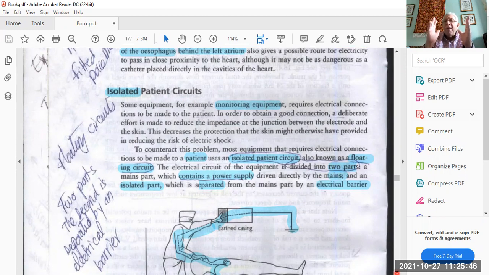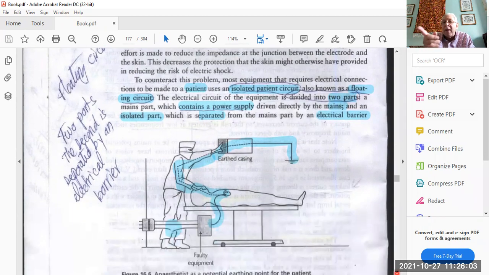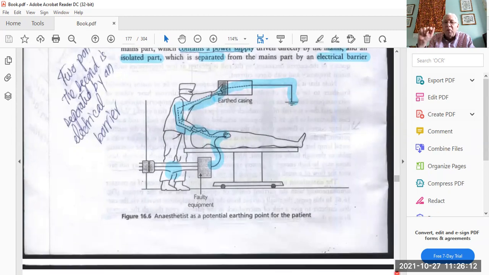Whenever anything happens, this electrical equipment is not going to be transferred to the patient. This is why we call it floating. Floating means that the electrical hazards are separated from the patient, whereas if anything happens in this electrical equipment, it is not going to be reflected to the patient. This is what we call floating circuits.